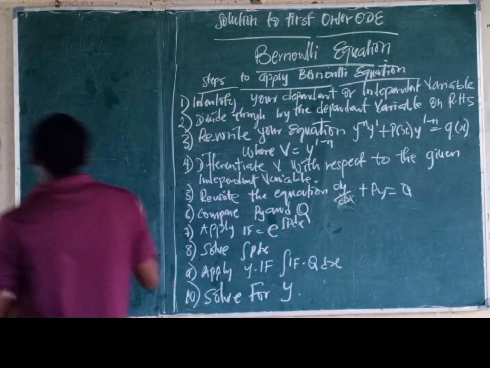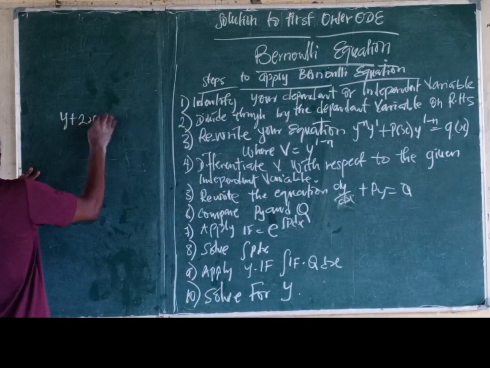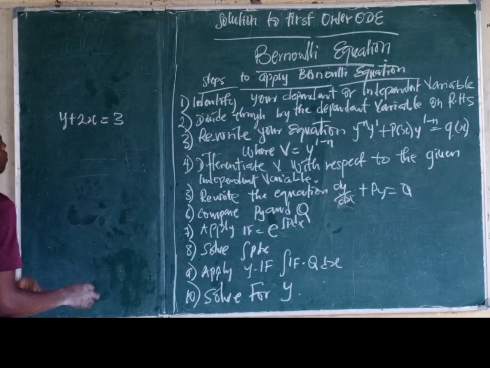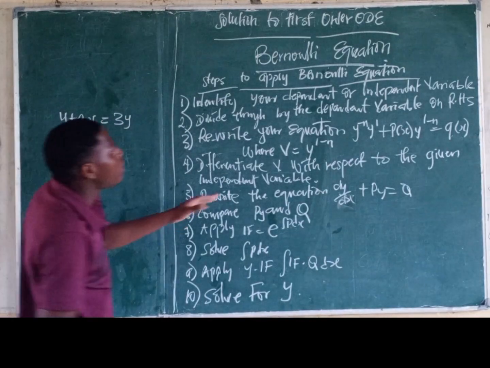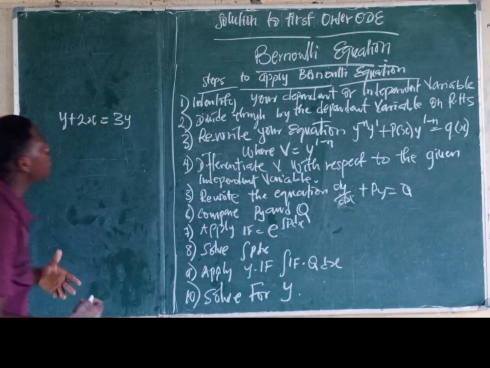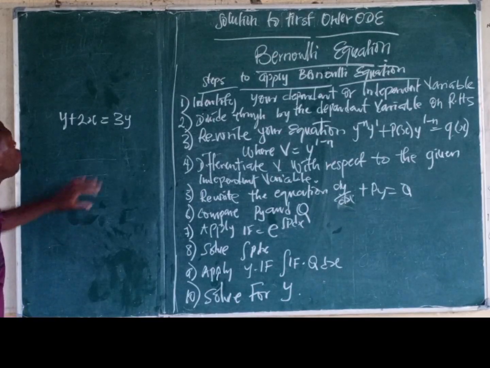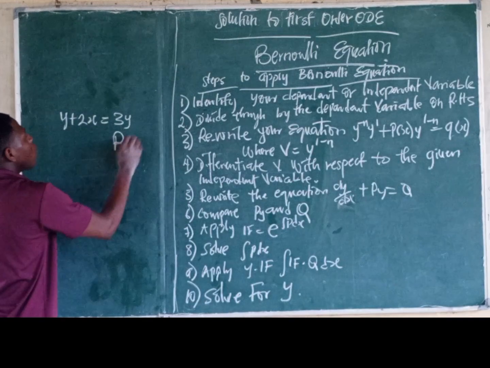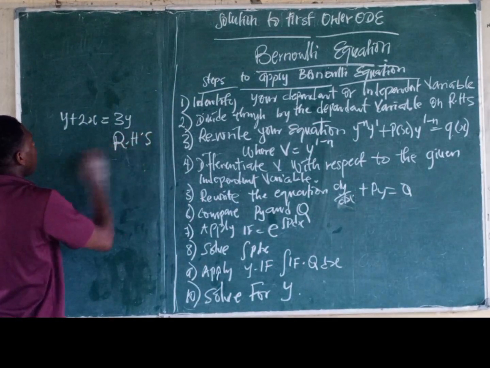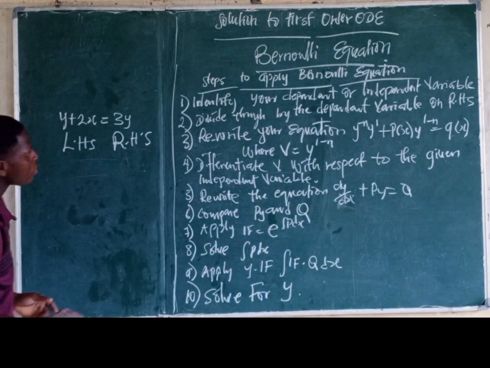Let's say you have an equation y plus 2x equal to 3y. Now you say divide by your dependent variable. The first thing is to identify your dependent variable and independent variable. Then you divide through by what you have on this side of the equation. This is your right hand side, and this is your left hand side. So don't be confused.